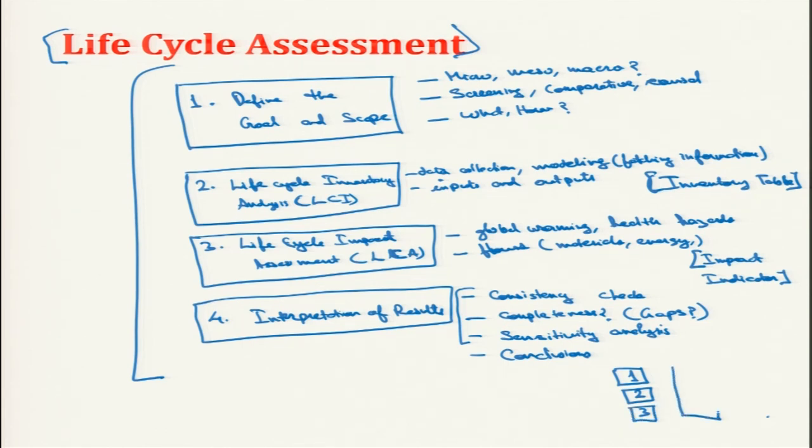The fourth step is interpretation of results, which goes hand in hand. At each step we need to interpret, or we need to see whether whatever information we have got, we define the scope or goal, whether it is good or not, or whether it is acceptable to our work according to the boundary that we are designing or not.